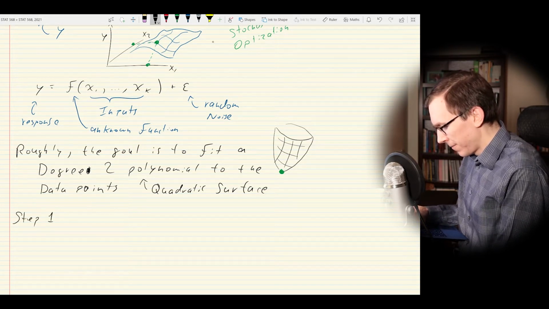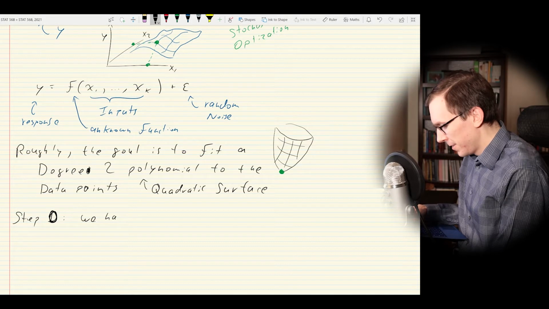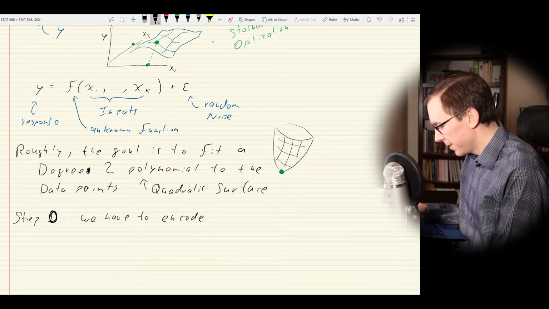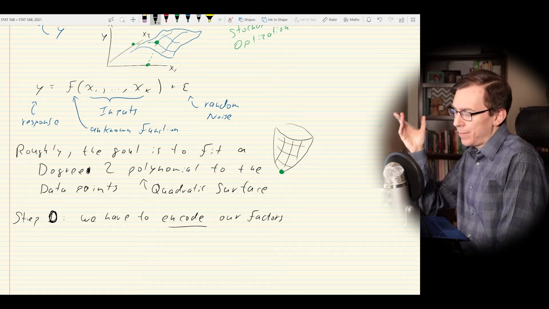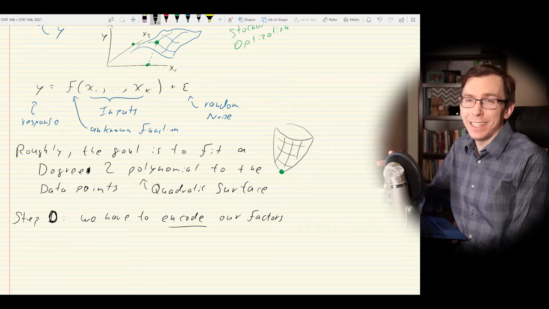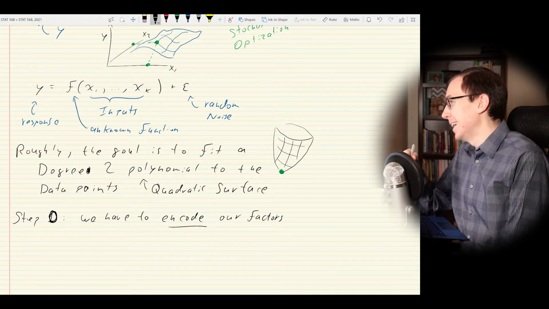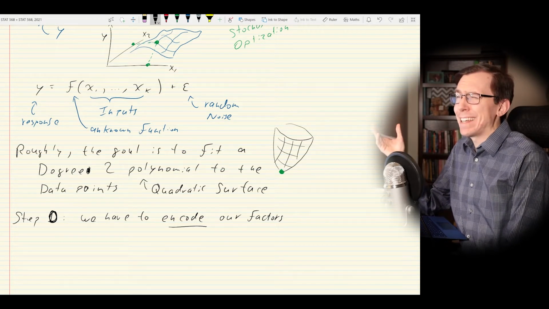Step 1, or maybe this is like step 0, is we have to encode our factors. Because if we have factors that have crazy units, like let's say temperature might be like hundreds of degrees, whatever, pressure would be pascals, I guess.